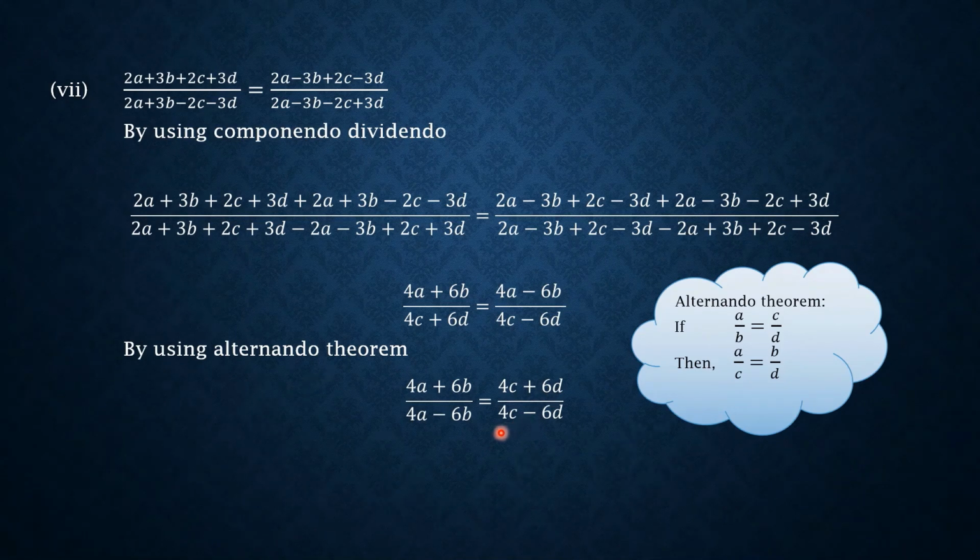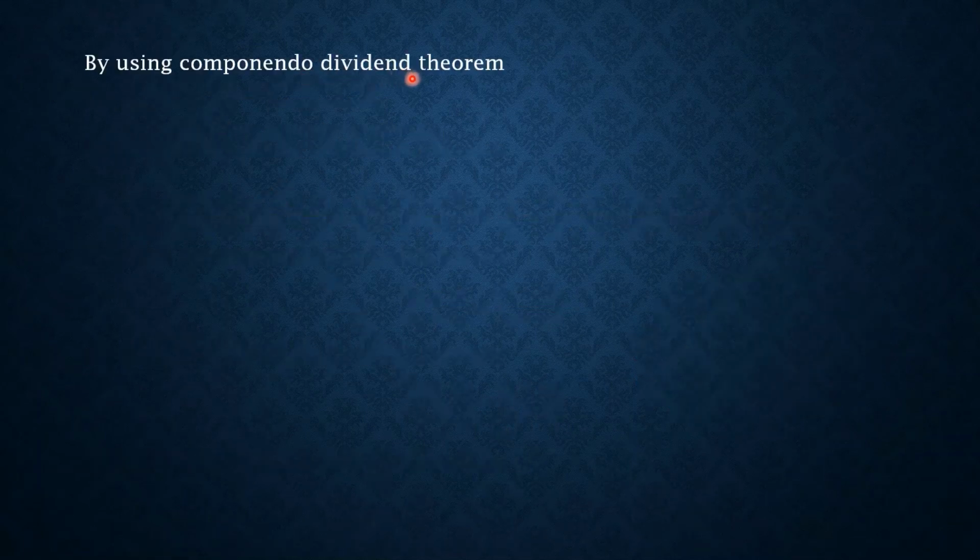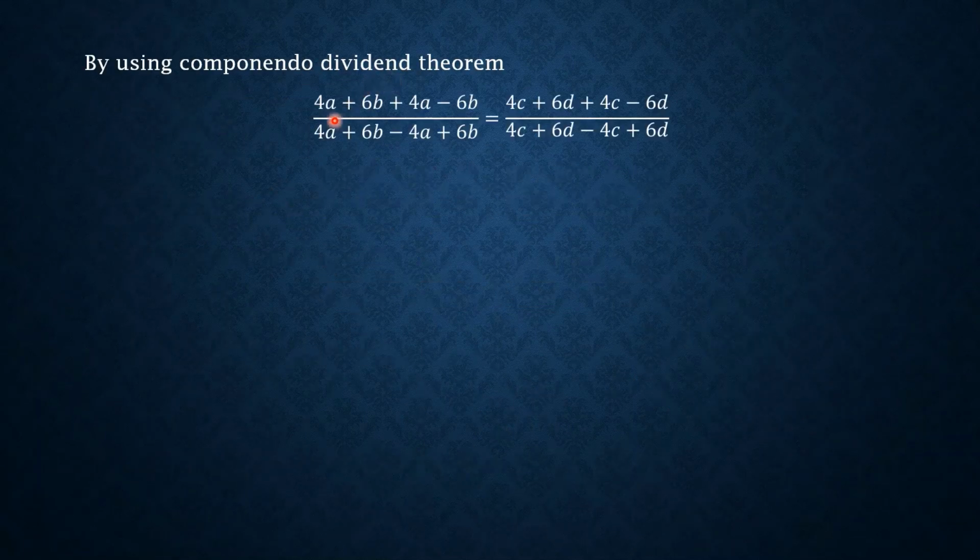Now we will apply again the componendo dividendo theorem, and by applying this we have 4a plus 6b, that is numerator plus denominator, which is 4a minus 6b, and in the denominator we have 4a plus 6b minus 4a and minus minus, plus 6b.